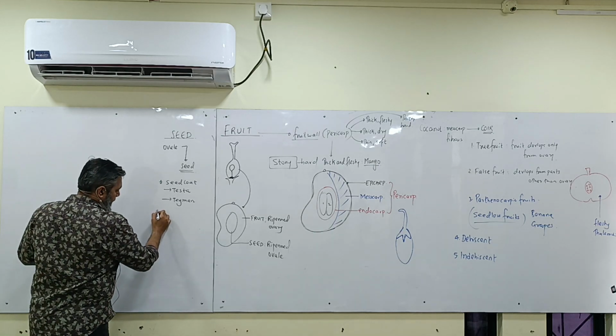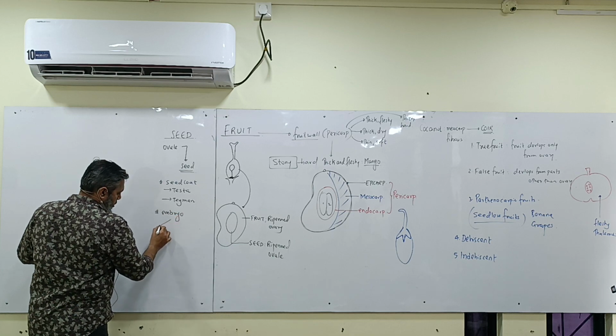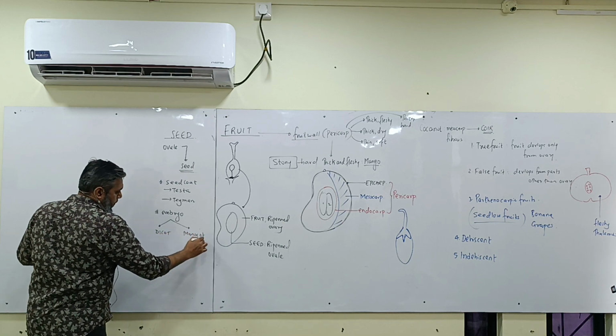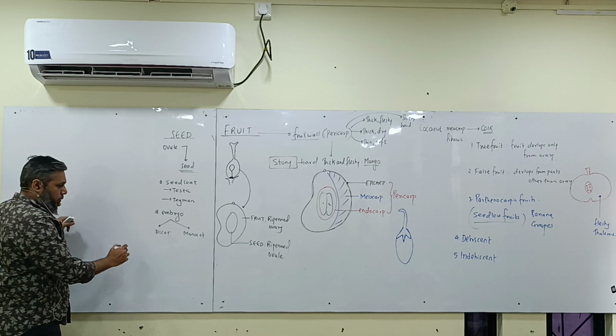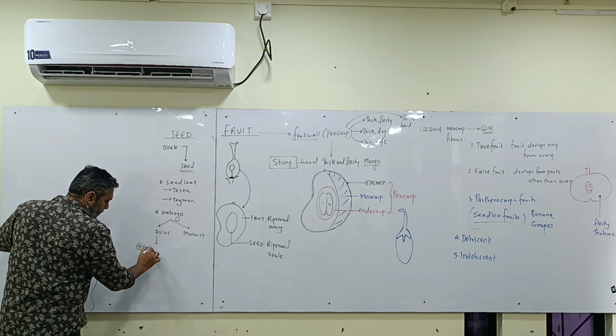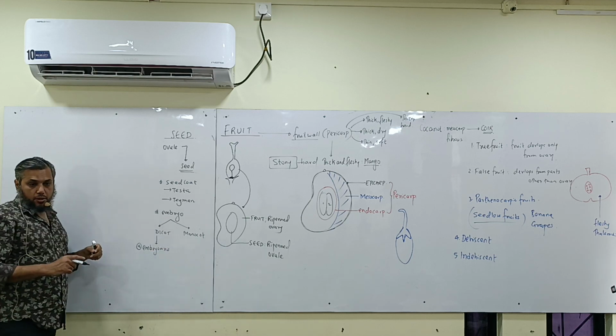Then there is an embryo. Accordingly, it can either be a dicot embryo or a monocot embryo. You know, in a dicot embryo, I already told you about certain points like tigellum, embryo axis. पहला lecture होता है इसका.